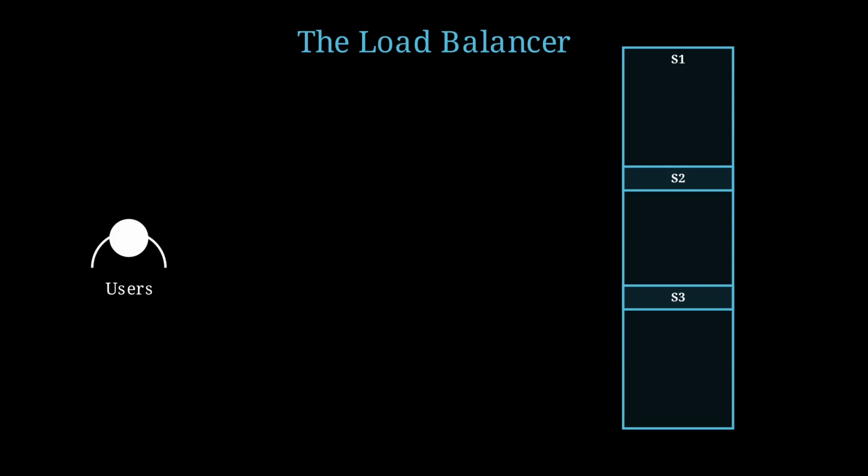For example, we have 3 replicas. You horizontally scaled the application. This is server 1, this is server 2, this is server 3. We have 3 servers. This is a user.